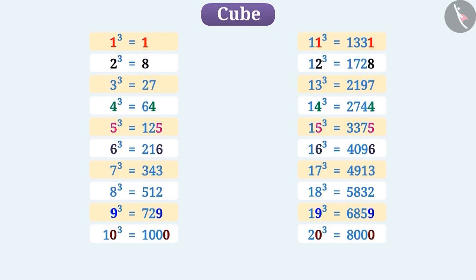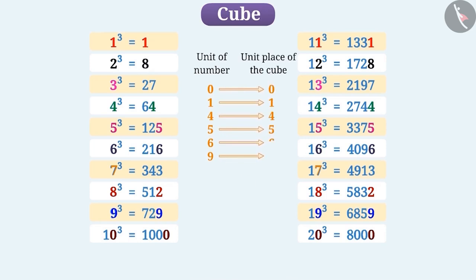And if the digit in the units place of the number is 8, then the digit in the units place of its cube is 2. Is this also true in terms of 3 and 7? Pause the video and find it for yourself. Now, you can find out which digit will be in the units place of the cube of a number by looking at the digit in the units place of the number itself.